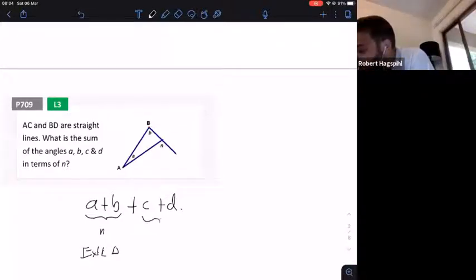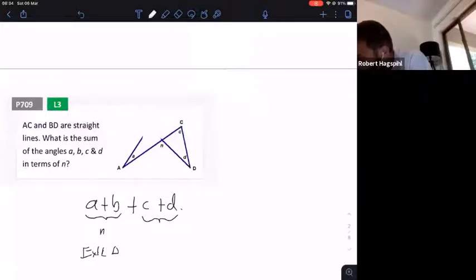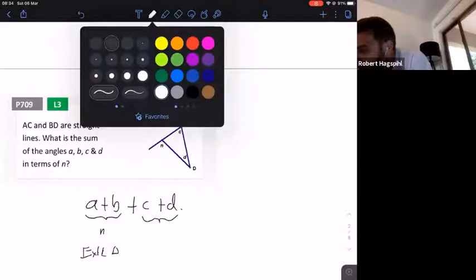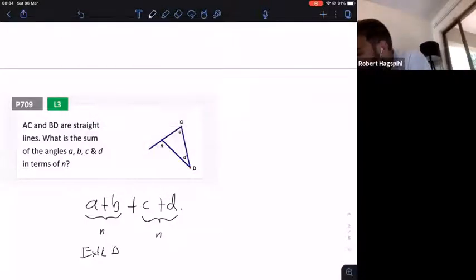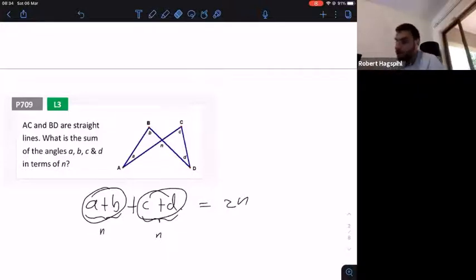And then similarly, if I go and erase the other side, is everybody with me that, again, C plus D is also equal to N because of the exterior angle of the triangle. And so therefore, the sum of A plus B plus C plus D is equal to 2N.